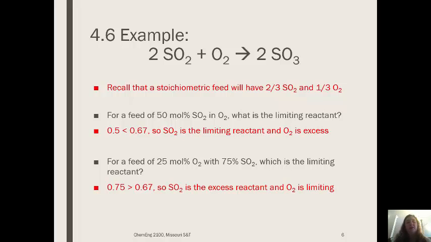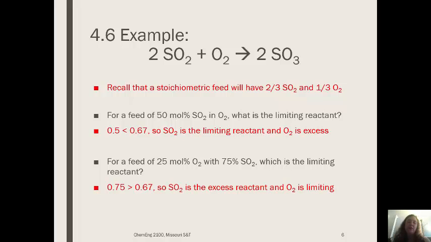If I have 50% SO2, then for SO2, 0.5 is the actual feed composition, 0.67 is the stoichiometric feed composition. 0.5 is less, and so therefore SO2 is the limiting reactant. O2 would be the excess.